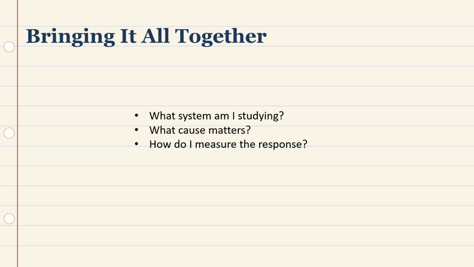Then we have a question that we are trying to answer, and we establish the cause that is going to cause this change. And then we measure the change with respect to the cause that we have chosen. That is what this lesson is all about: how we measure change with respect to something that we choose, something that answers our question.